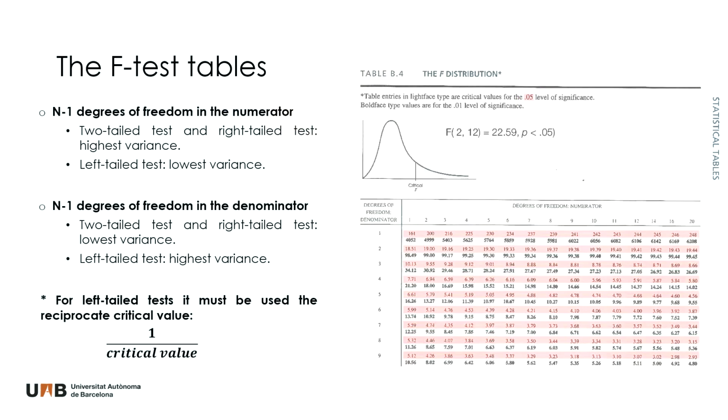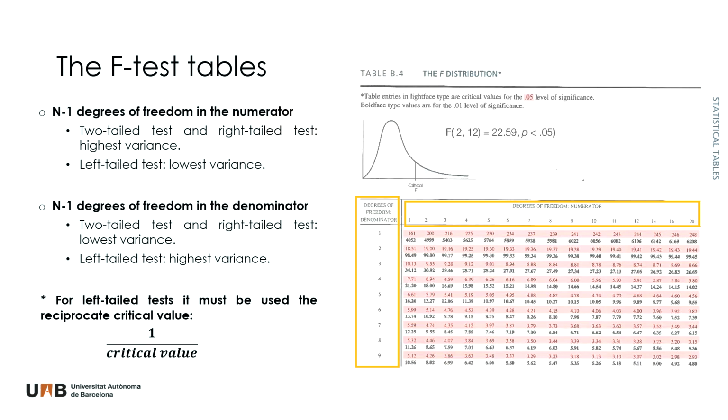Now we'll see how to read the tables. First, we have the columns that represent the degrees of freedom in the numerator. In a two-tailed and right-tailed test, the numerator corresponds to the highest variance, whereas in a left-tailed test, the numerator is the lowest variance. Next, we have the rows.